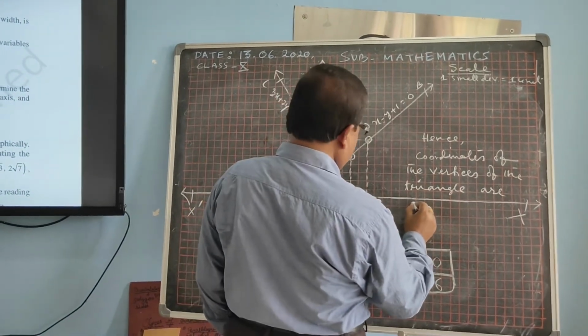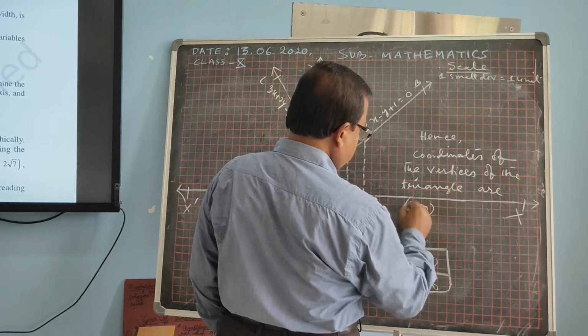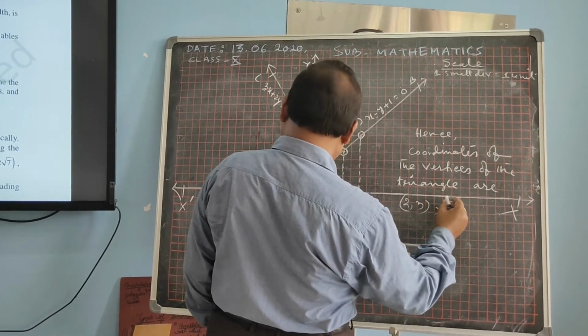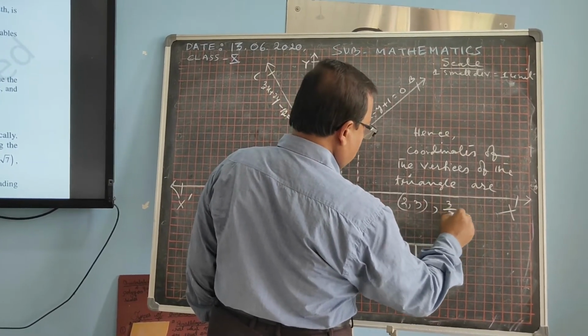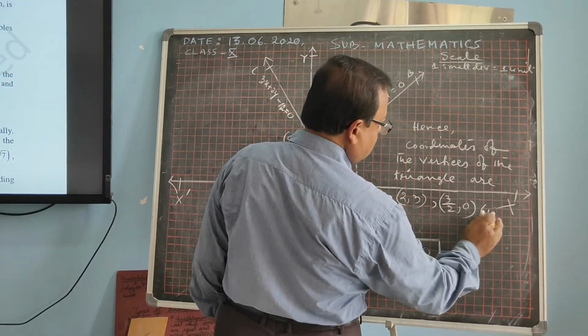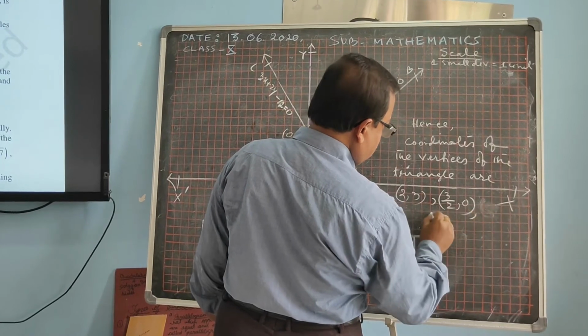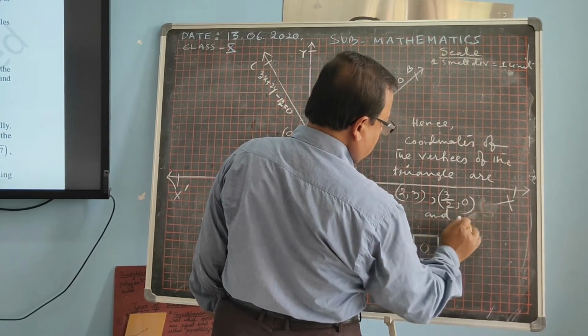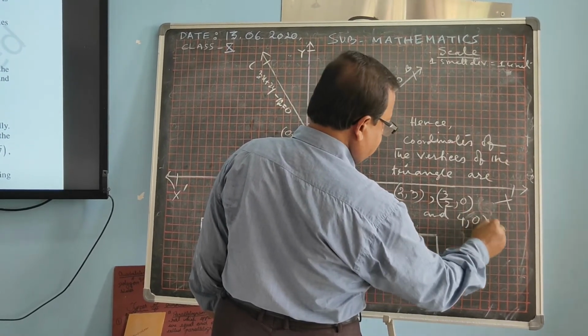Coordinates are 2, 3, then 3 by 2, 0, and also 4, 0.